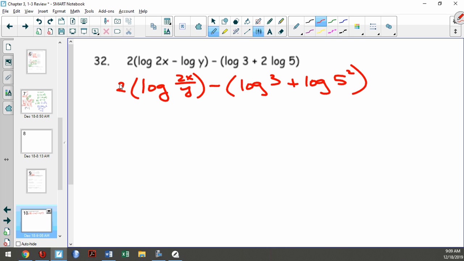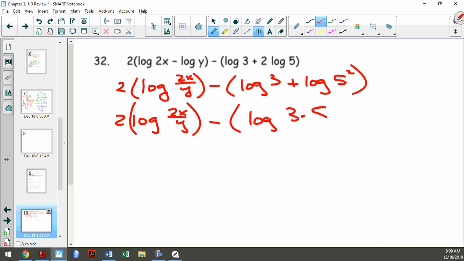Okay. What's the next thing you're going to do? Okay, so I'm going to leave that other parenthesis here. Minus, this is going to be log base 3 times 5 squared. Would you agree?